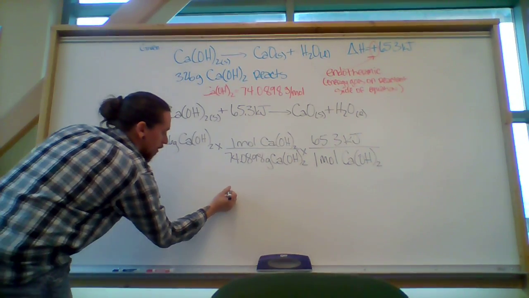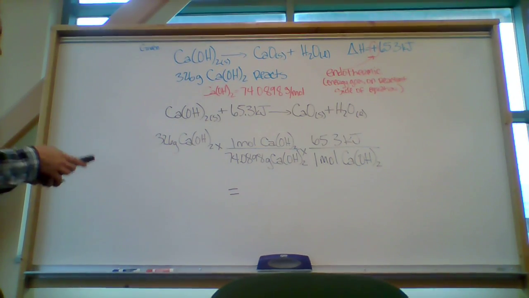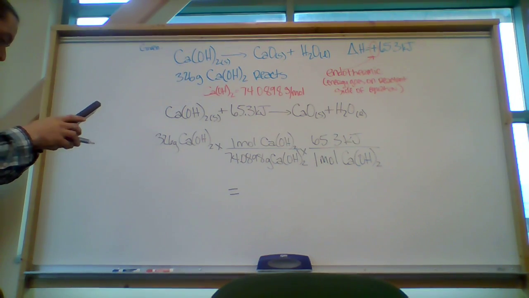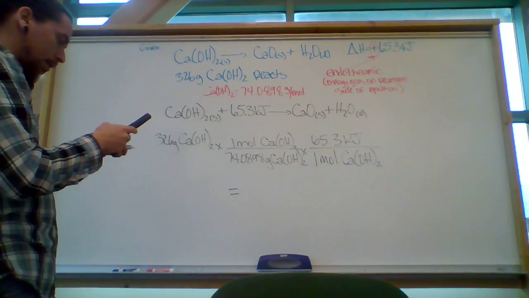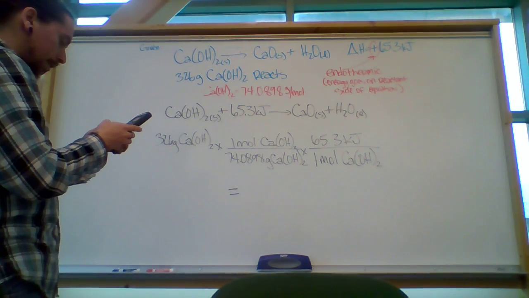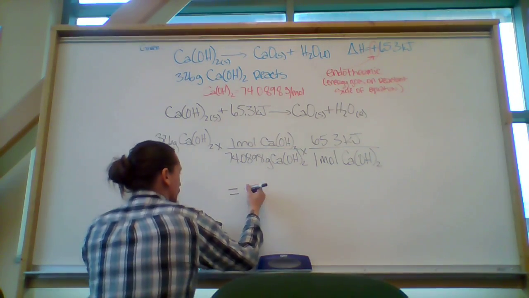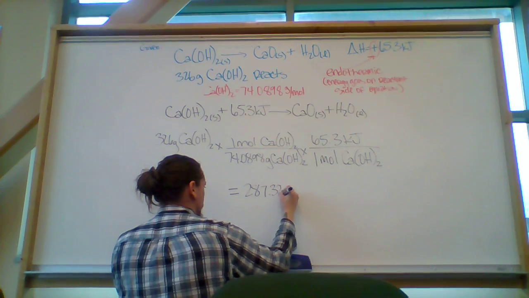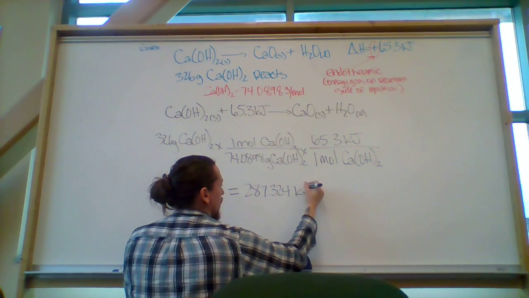So from there, you might want to double check my algebra, but 326 divided by 74.089 times 65.3 will give us 287.324 blah blah blah kilojoules.